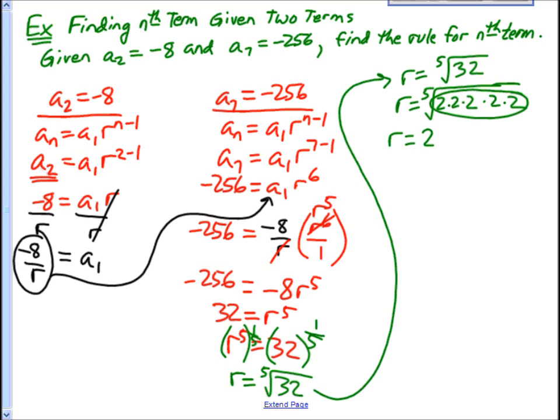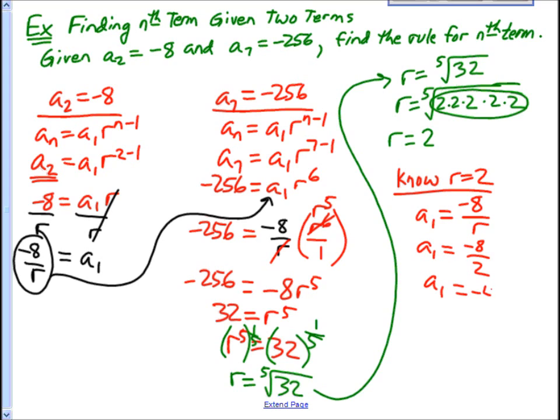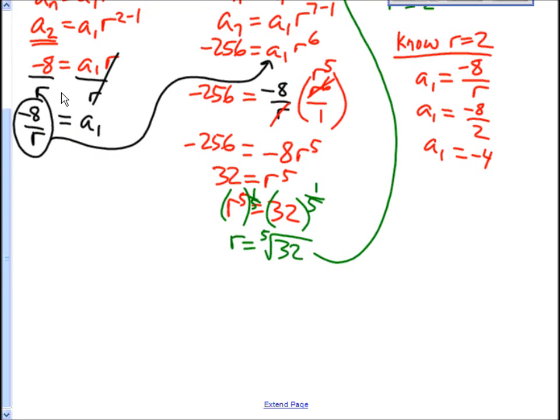Okay, so now that we know, okay, that was our solving by substitution. So now we know r is 2. So I'm going to go back to that A1 being negative 8 over r. I'm going to use that part where I substituted, and I can find my first term, negative 8 over 2. So my first term has got to be negative 4. Now we know r is 2, first term's negative 4, and I can write my formula.